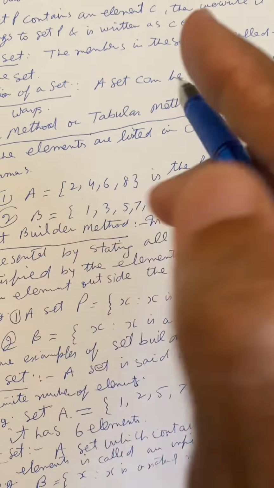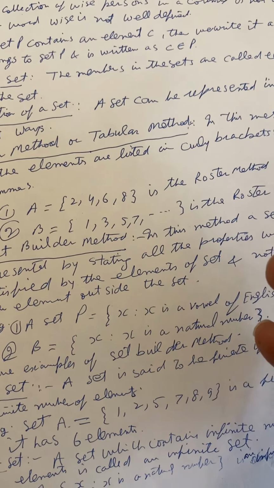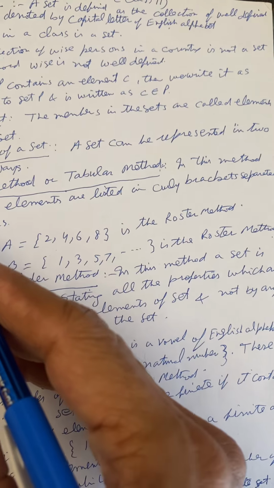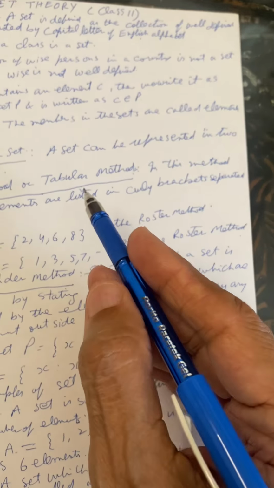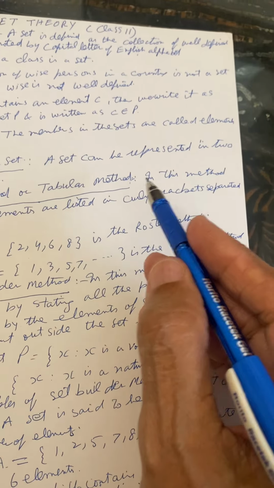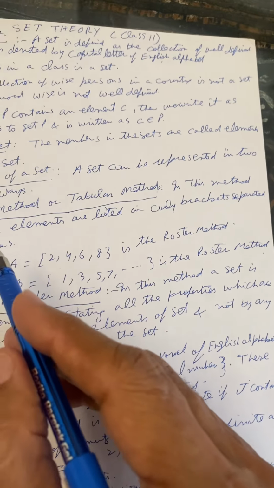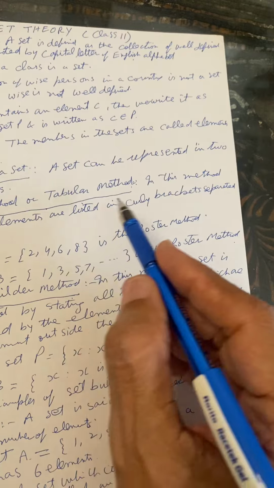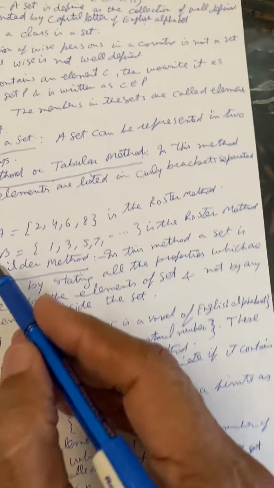A set can be represented in two different ways. First is the roster method or tabular method. In this method, all the elements are listed in curly brackets separated by commas.